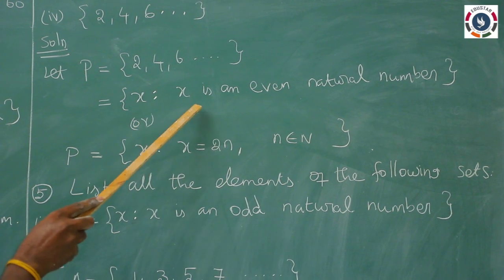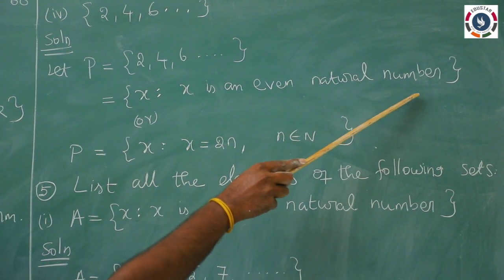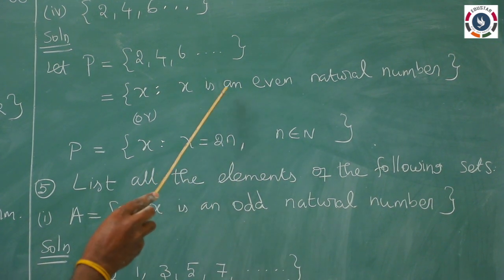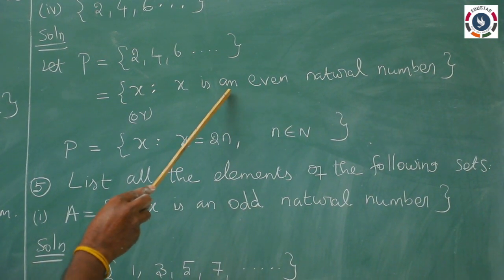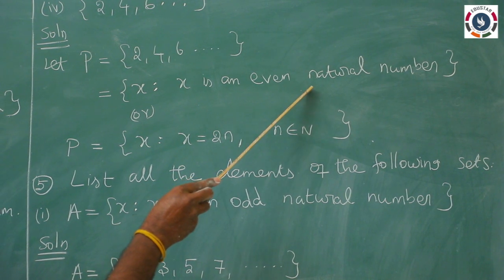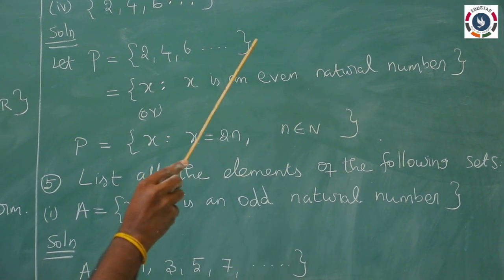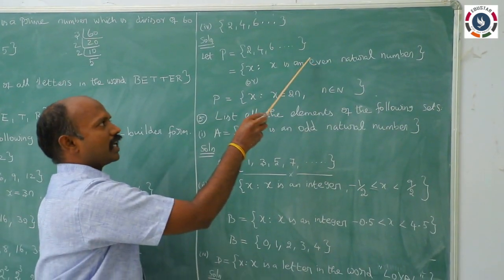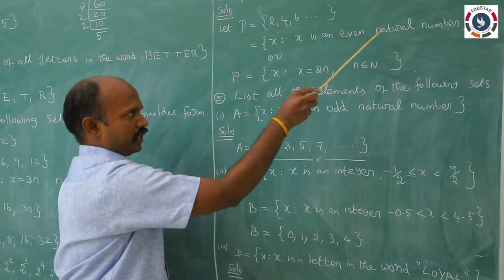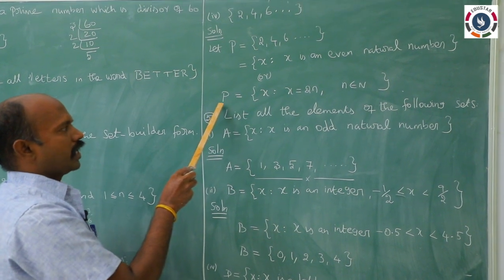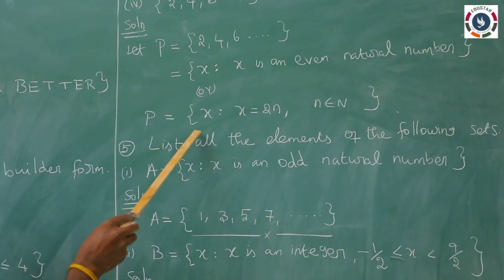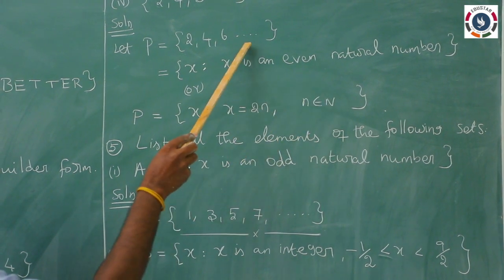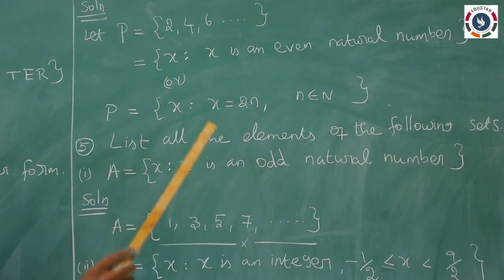So, x such that x is an even natural number. Otherwise, this can be written as x is a positive even integer. So, P equal to {x : x = 2n, n belongs to N}. So, this can be written in this form.